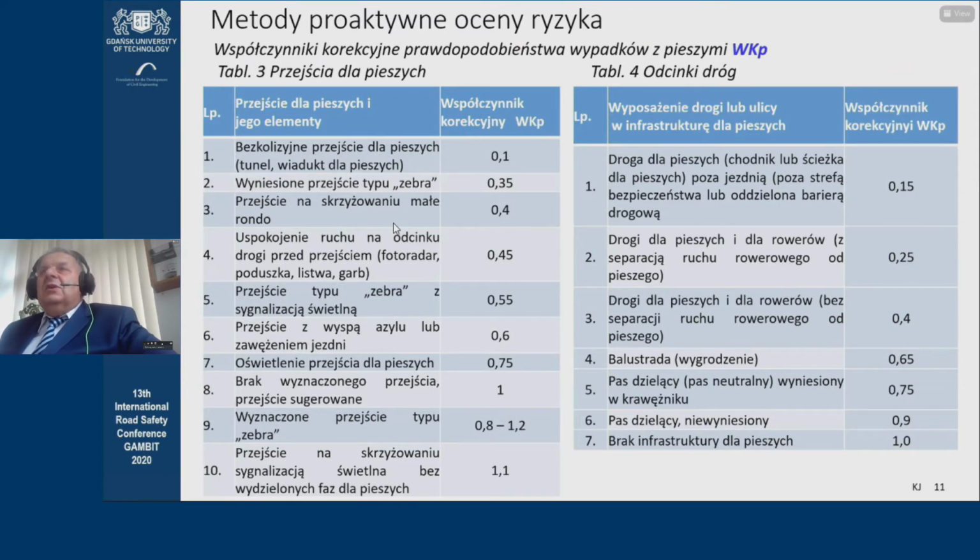Right. And this is the adjustment coefficient.